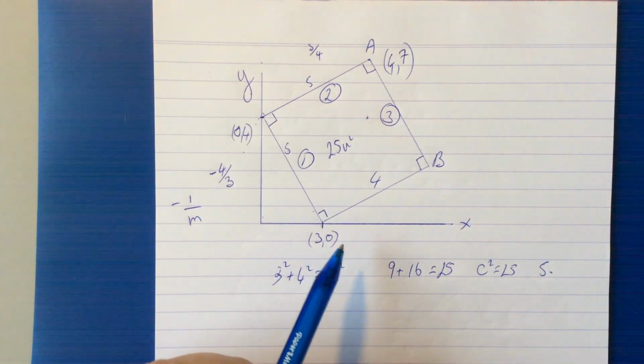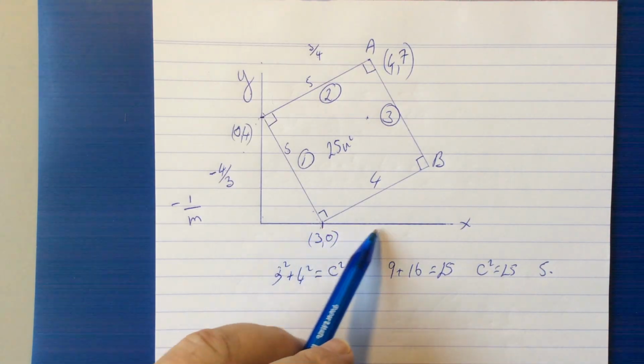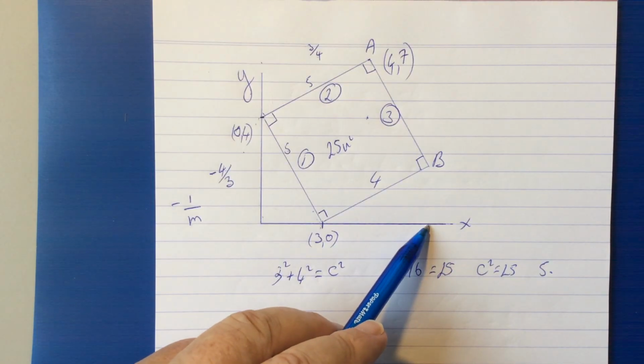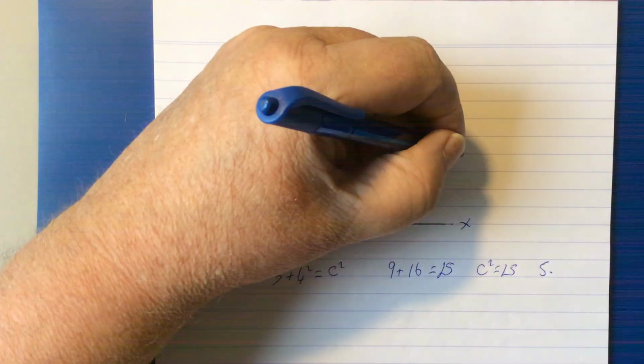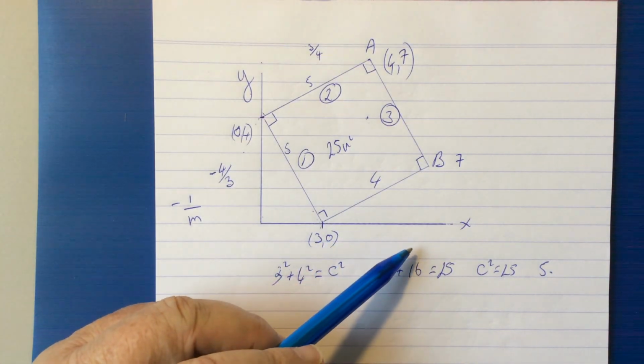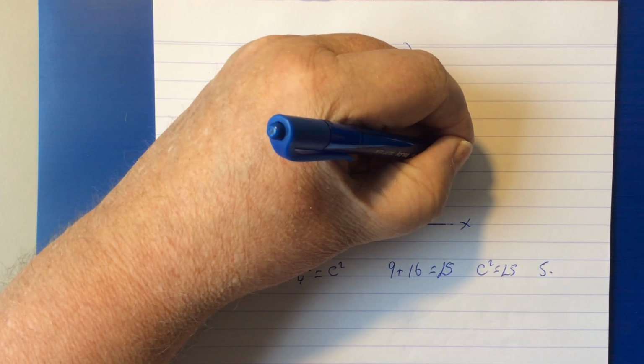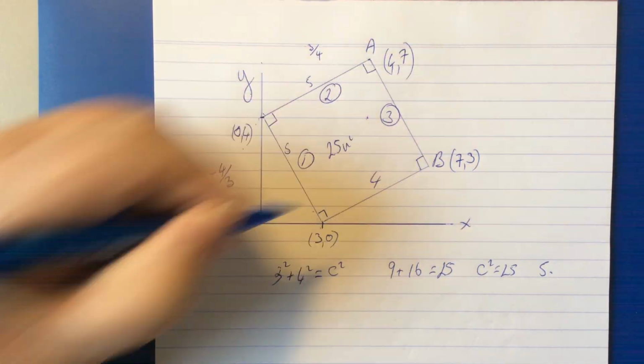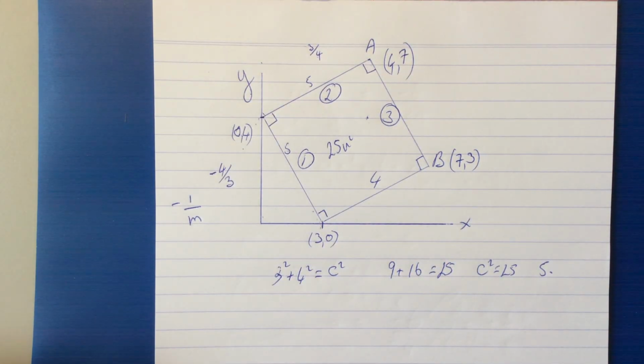Now let's try the same here. We go across 4 from 3, which gives us 7, and we go up 3, which gives us 3. So that point there is 7, 3. Well, that's some of this problem done.